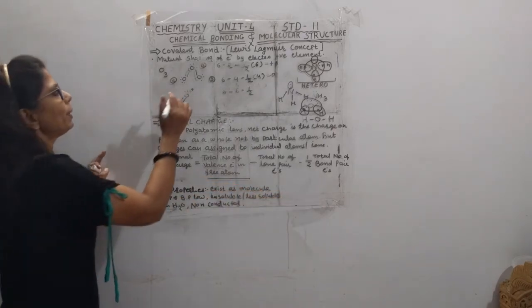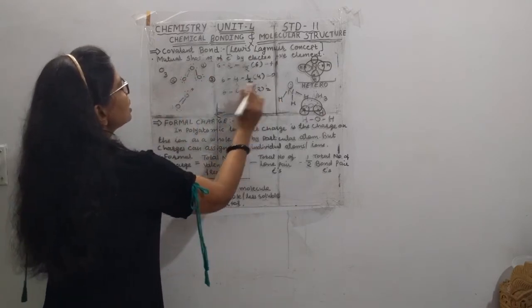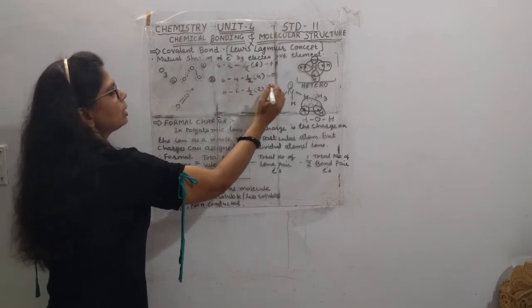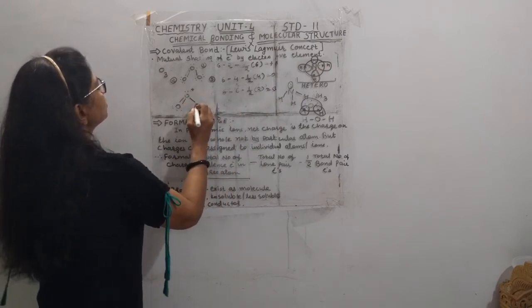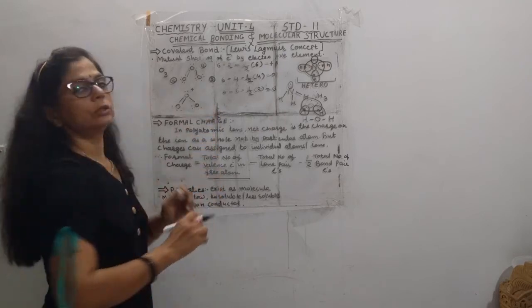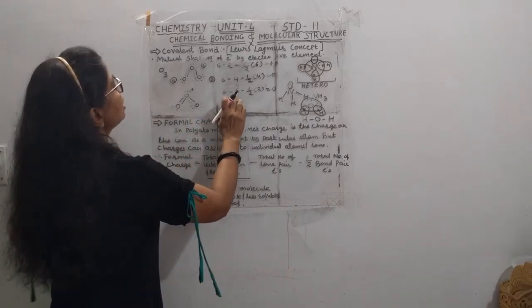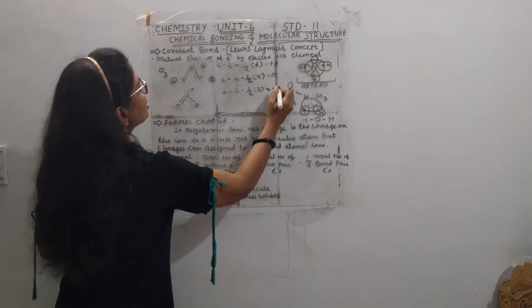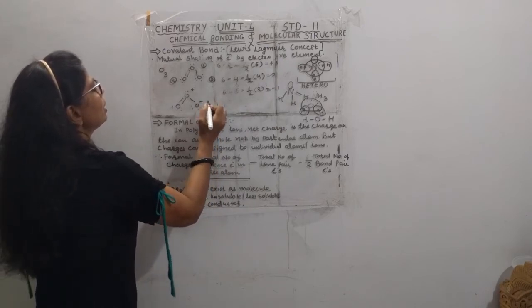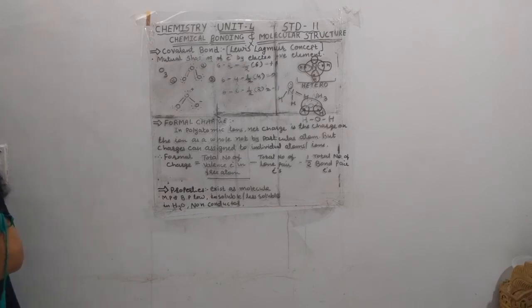How many are bonding pair electrons? 1 and 2, so 1/2 into 2 is 1. Sorry student, 6 minus 6 is equal to 0, minus 1, so this has a minus 1 charge. Yes, it has a minus 1 charge. So you can show it in such a way.